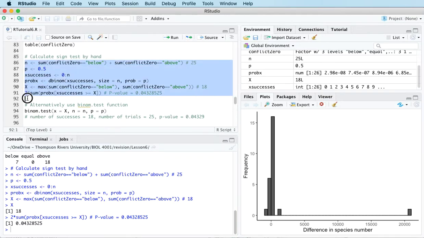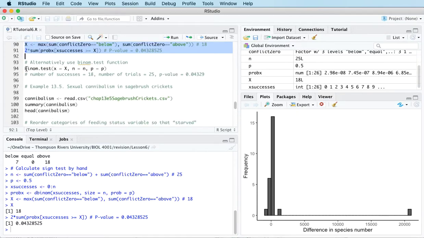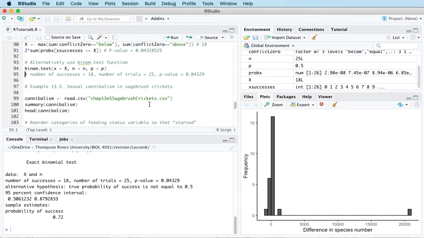We can skip all this hand calculation if we just use this binom.test function, and that gives us all the results right away. There's the test statistic, there's the p-value, and so we can conduct our test a little bit quicker if we just use this.